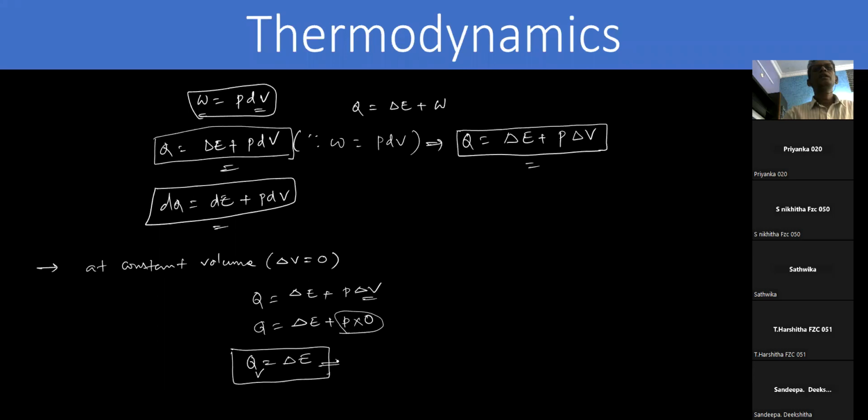But what does it give us? When the system absorbs heat Q at constant volume, V meaning constant volume, it is used to increase internal energy only. We cannot see any work at constant volume. Are you getting my point?